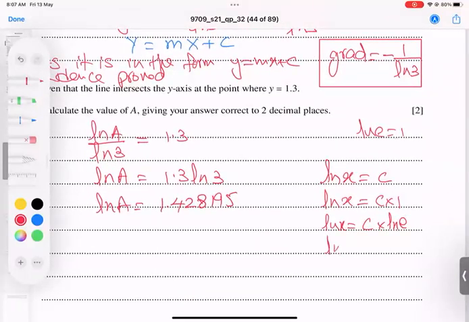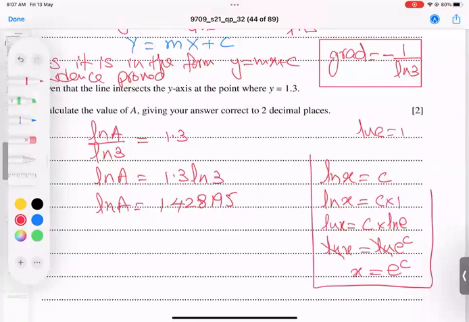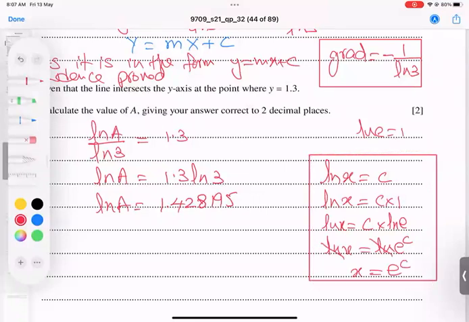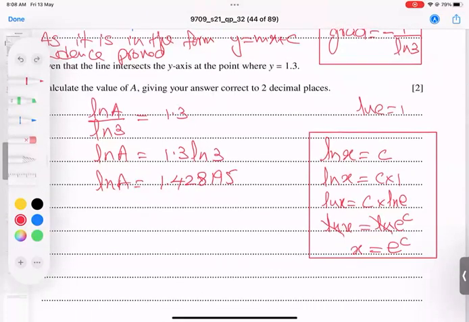So it will behave like ln e to power c. ln cancels, so x is equal to e to power c. So we can convert this equation into this form. So we generate a formula from here: logarithm of any variable x, for example 3, means we can write x is equal to e to power 3.